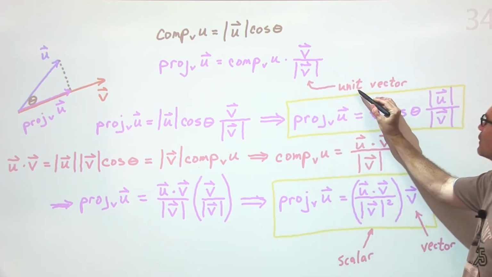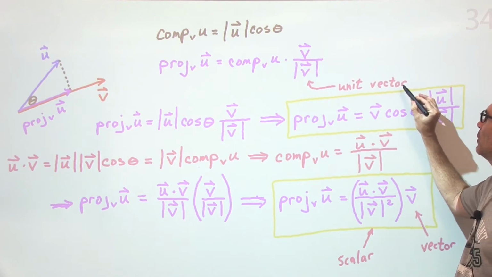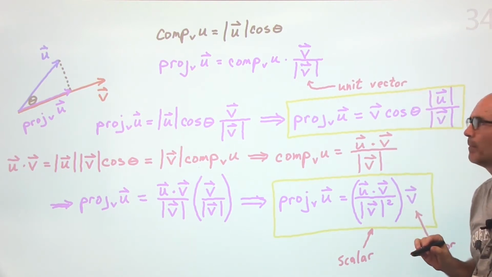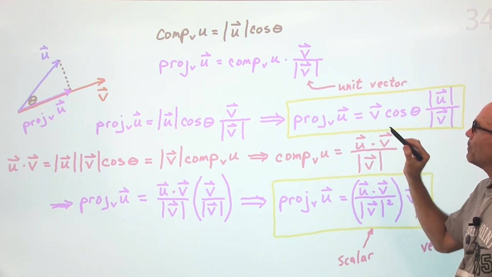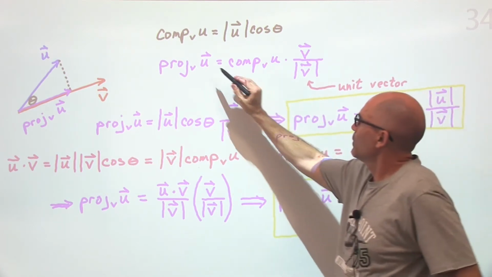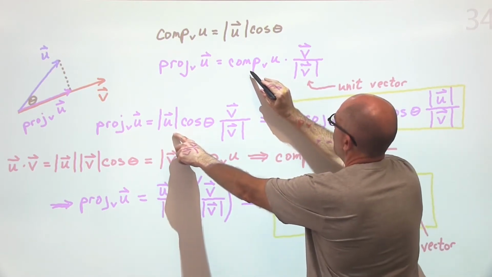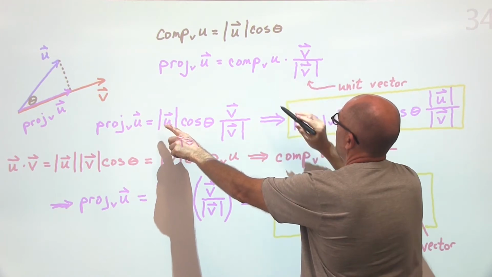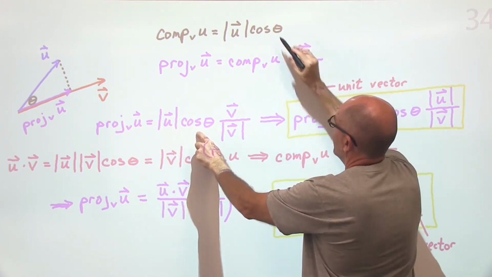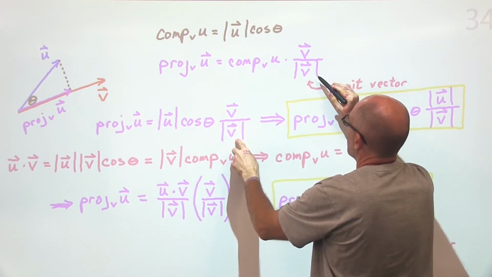Now, any vector divided by its magnitude gives you a unit vector. So we take the projection of u equals the component of u along v, which is the magnitude of u times cosine of the angle, times vector v over the magnitude.